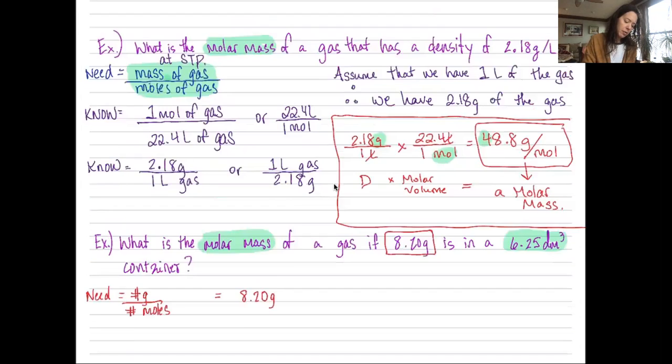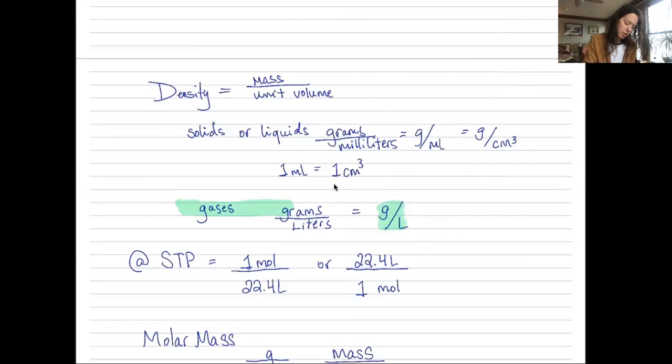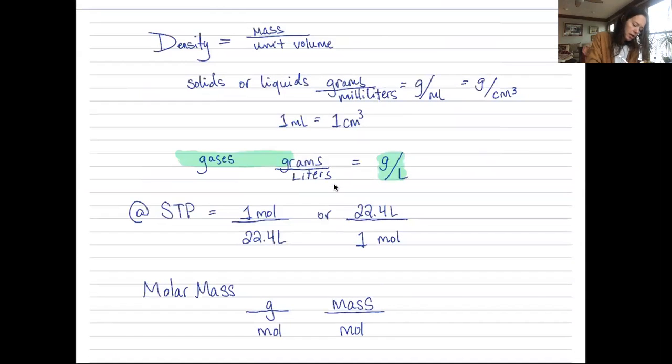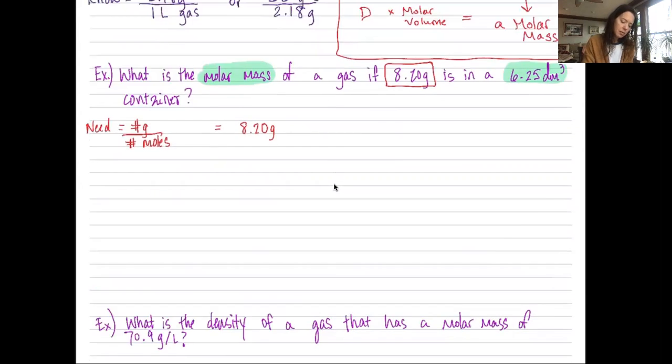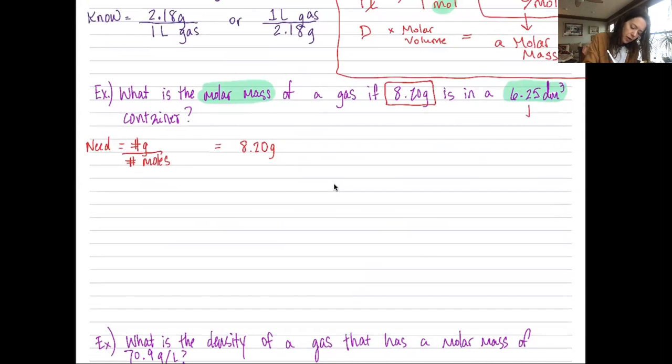Well, let's go down here to our notes. Just like 1 milliliter is 1 centimeter cubed, 1 liter is equal to 1 decimeter cubed. So when we go to our second problem, and we have 6.25 decimeters cubed, that is 6.25 liters.